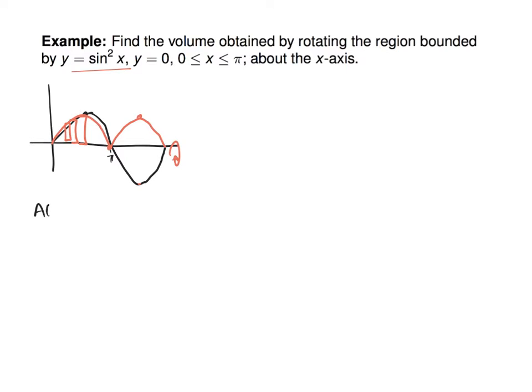So the area of a cross-section is pi r squared, right? This one doesn't have any holes in it. What is our radius this time? Sine squared of x. So you've got sine squared of x, squared.